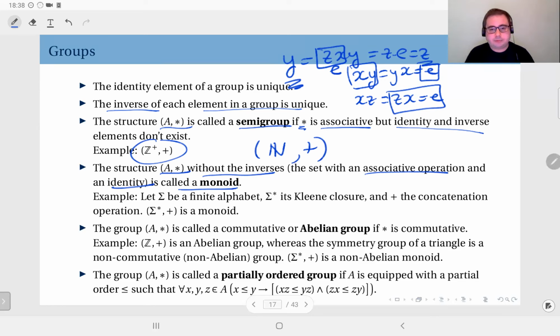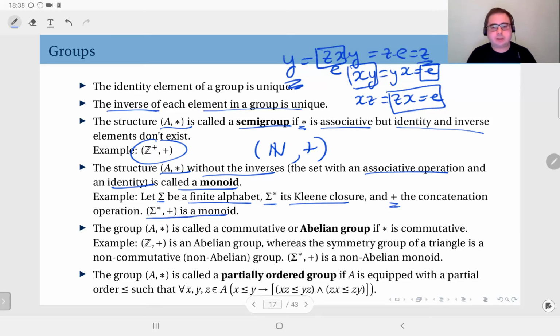Here are some examples, and this one is quite important in theory of computation. Let sigma be a finite alphabet, meaning a set of symbols. Sigma star is Kleene closure, the set of all strings that you can obtain by concatenation, and plus represents the concatenation operation.